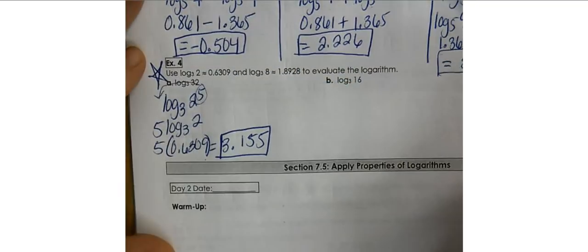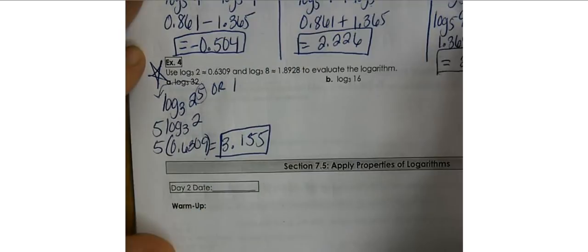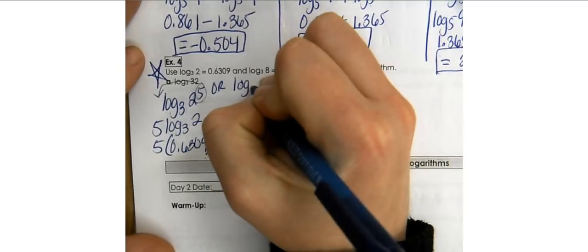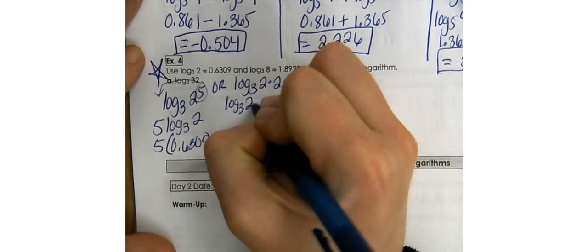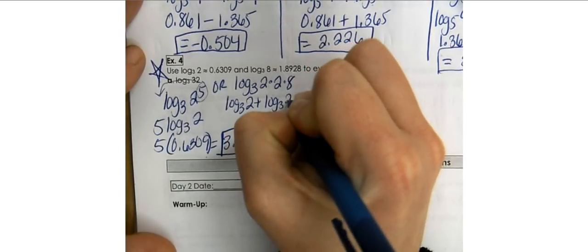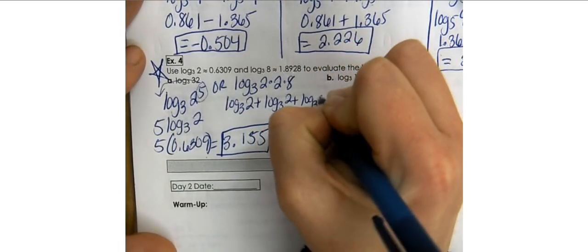That's one approach. You could have also seen that 32 is 4 times 8, and 4 is 2 times 2. So you could have written this as log base 3 of 2 times 2 times 8. So that would be log base 3 of 2 plus log base 3 of 2 plus log base 3 of 8.